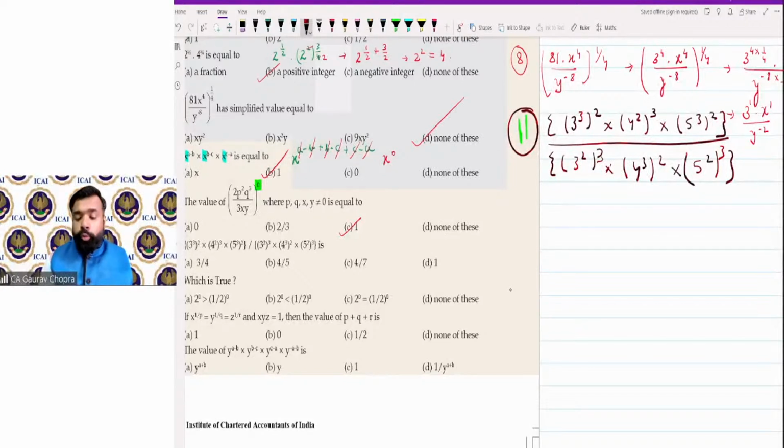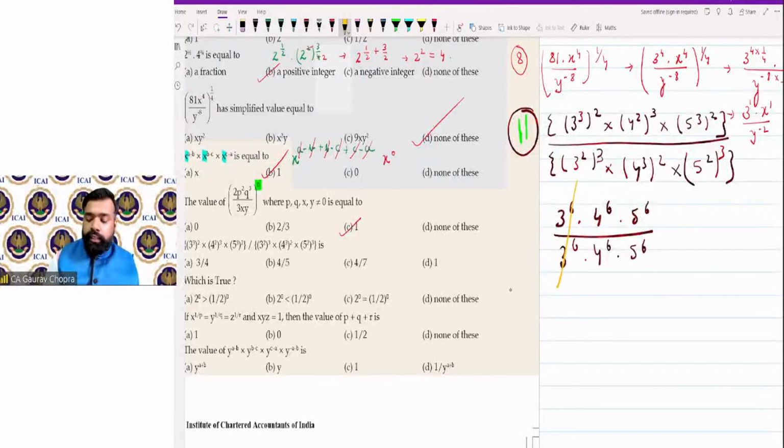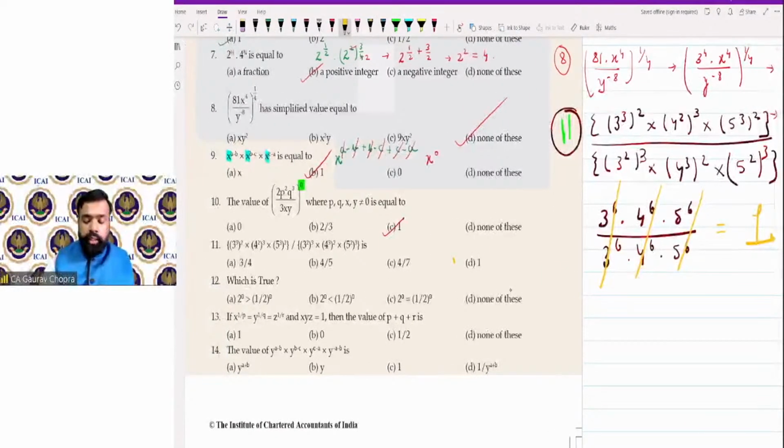If you observe, the numerator has 3 to the power of 6, 4 to the power of 6, 5 to the power of 6. Same with the denominator: 3 to the power of 6, 4 to the power of 6, and 5 to the power of 6. So everything is getting cancelled. What is left? 1. The answer is 1. So option number D is the correct answer.